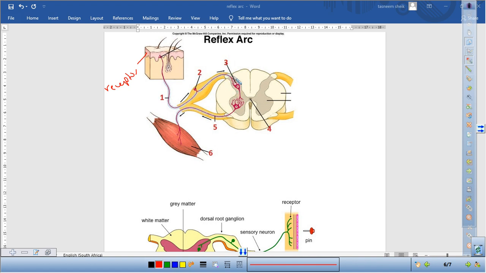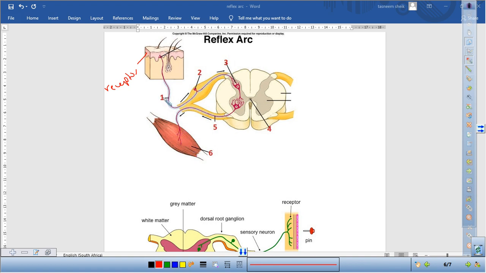Synaptic contact. A neurotransmitter is released, so it jumps over the interneuron. So number three is your interneuron. Jumps over here, two synapses onto the motor neuron, going out through the dendrites or through the axon of the motor neuron, and eventually the motor end plates or terminal branches end into the muscle.